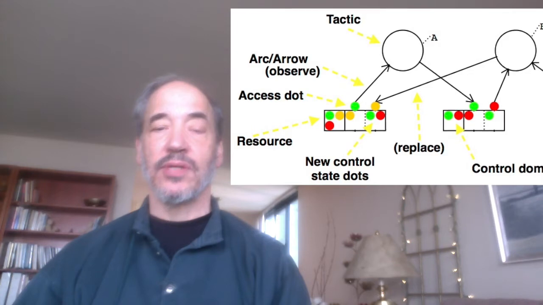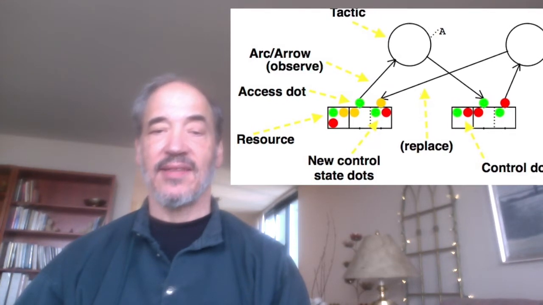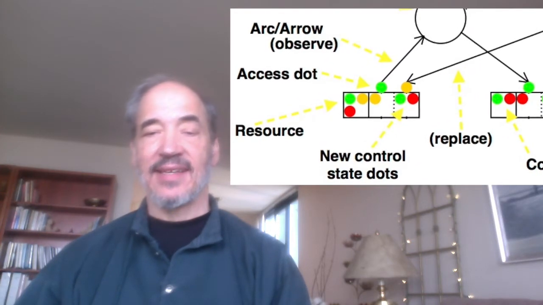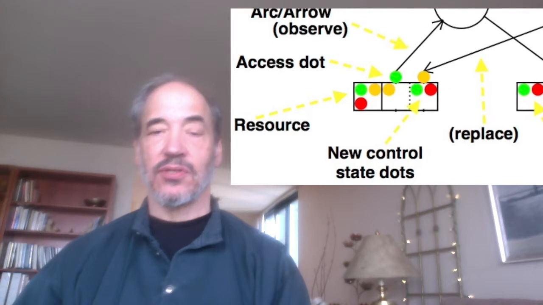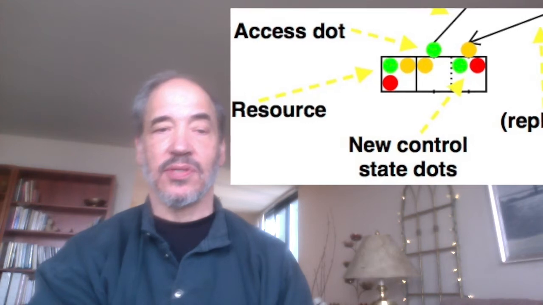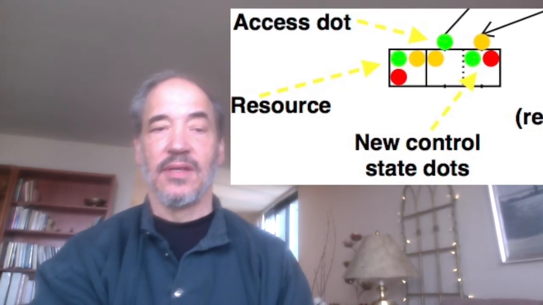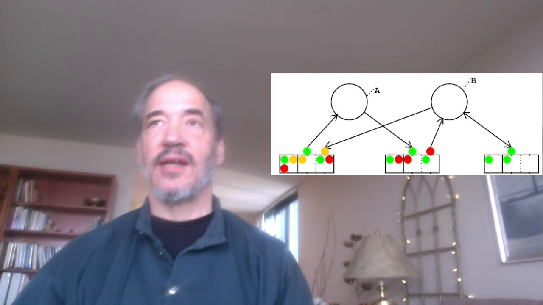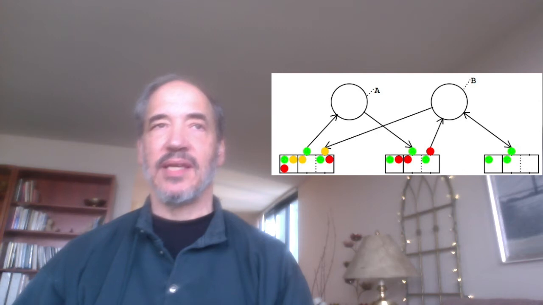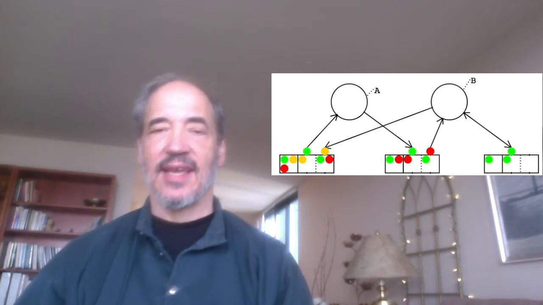That is, the token may change color, and the new control state dots, which are inside the rectangle near the arrow, show the possibilities that the tactic may change that control state to. So just by looking at those colored dots, you can see both the control state that resource must be in to be accessed by that tactic, and which control state that tactic may assign to the resource when it's finished.